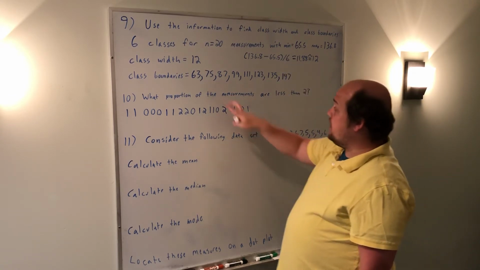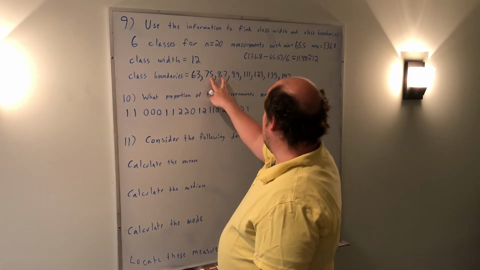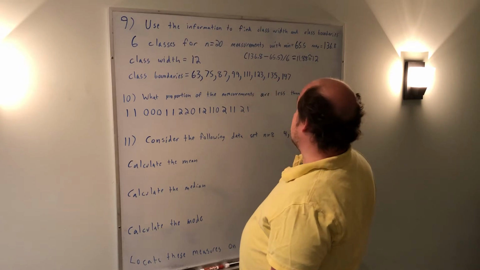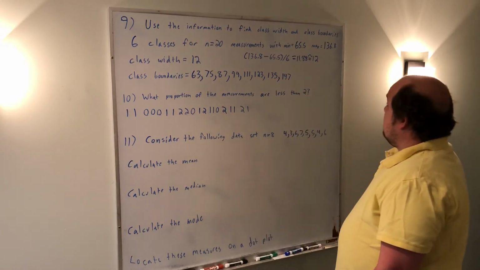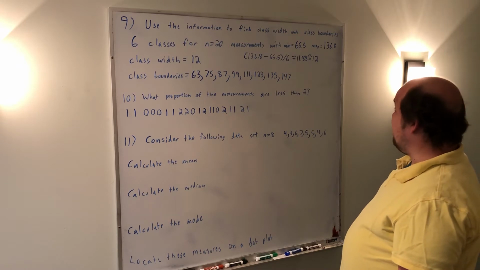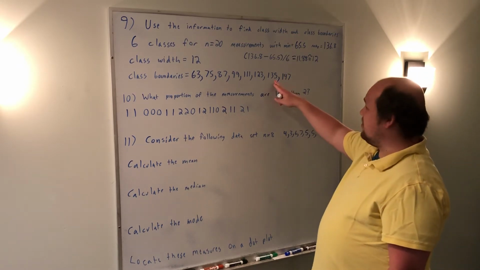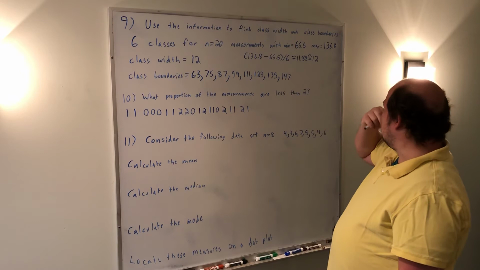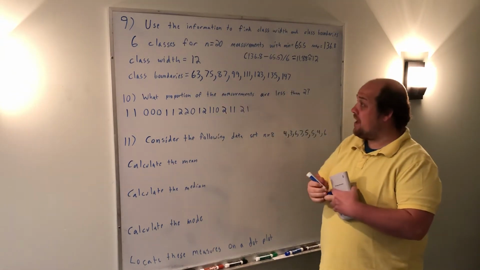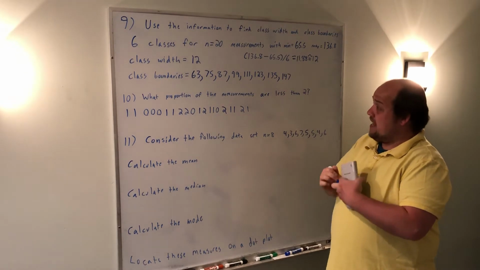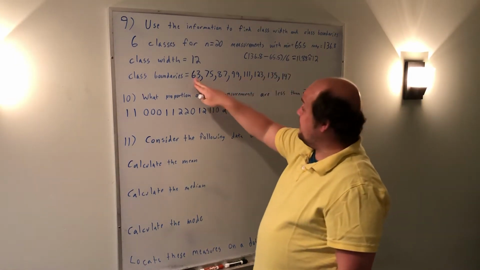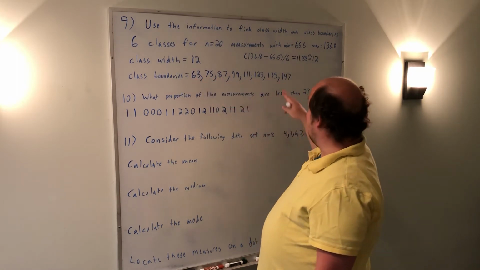If I was looking at the classes, 1, 2, 3, 4, 5, 6 classes. So maybe that doesn't get it done. Perhaps they want you to start at 64 so that this one's included. It's a little tricky. Honestly, look at what it says as an answer here. I think it's going to be close to that. I'm not sure if they want you just to start at 65 and go by 12s from 65.